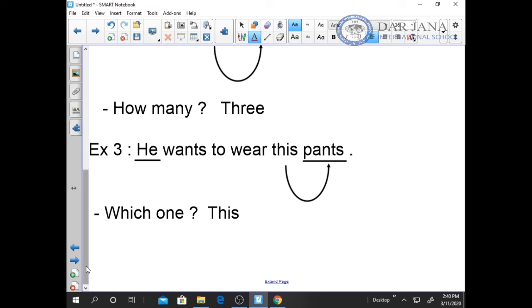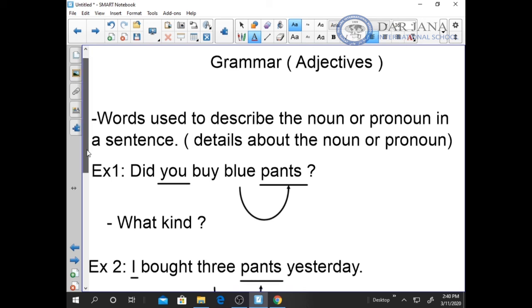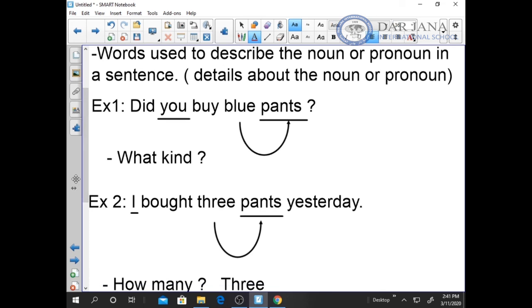So let's review them again. What is an adjective? An adjective is a word used to describe the noun or pronoun in a sentence. In other words, it gives details about the noun or the pronoun I'm talking about. The second thing we have to do is to underline the noun or the pronoun in the sentence and check if there's any word describing them.